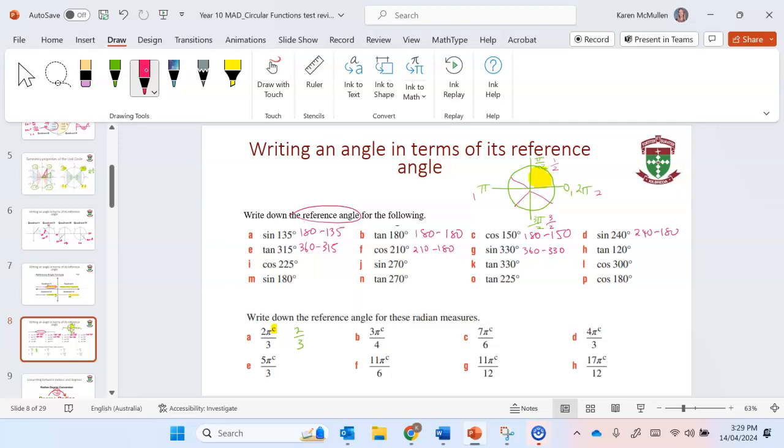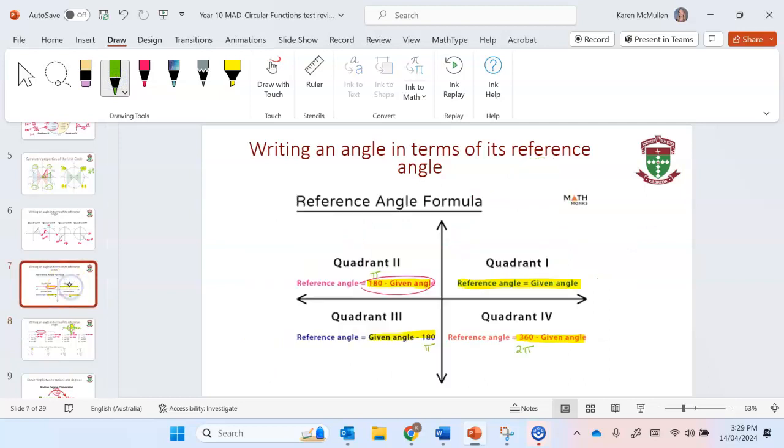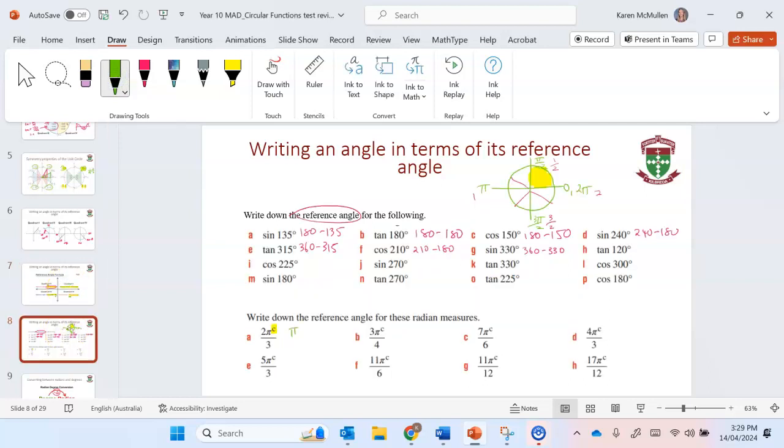So when we're in the second quadrant, if I just go back here, we're going to do pi minus the given angle. So pi minus 2 pi on 3. Now, if you can't work that out because you've got a fraction in there, and some people find it difficult to do fractions, just make it so your fractions both have the same denominator, and it's going to make it a lot easier for you.